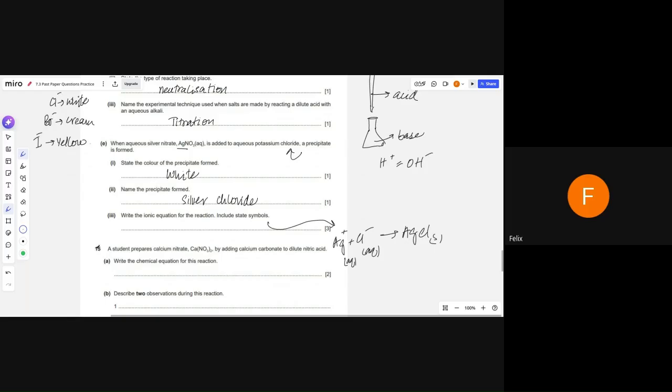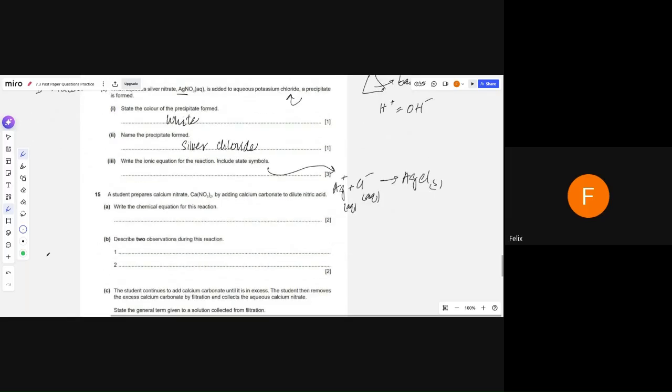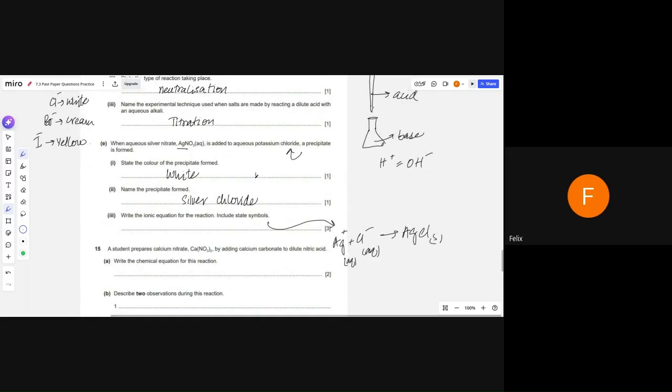Okay, question number 15. Let me write the equation of this as well. AgNO3 plus potassium chloride, KCl, right? So how will you write the product? It's a double displacement reaction. The metal silver will combine with the non-metal of the other reactant, which is chlorine, and they will make silver chloride, solid.